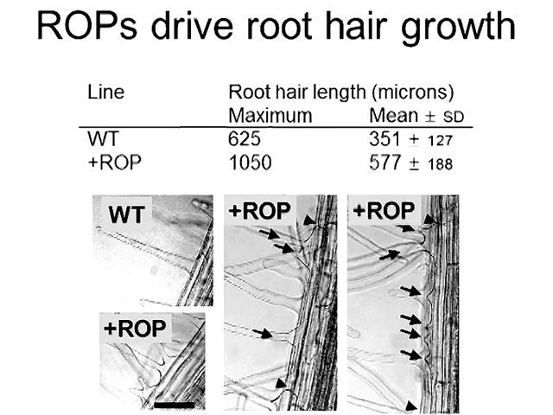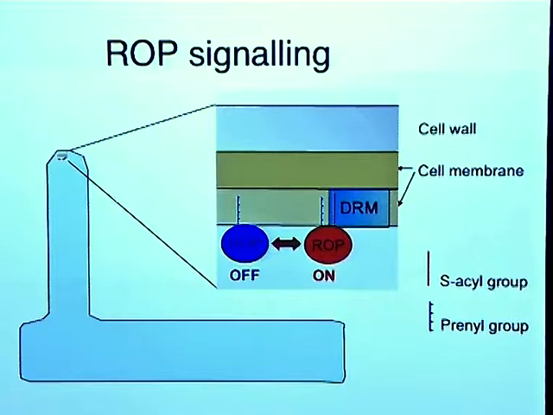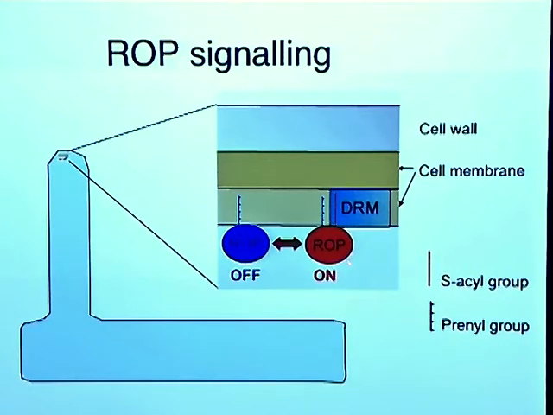So we were trying to work out if we could put together this auxin gradient with what we knew about ROP molecules and understand how the two might affect each other. What we know about ROPs from Yalovsky's lab is that when they are active, the class of ROPs that we're dealing with in the root hair system, they are S-acylated.